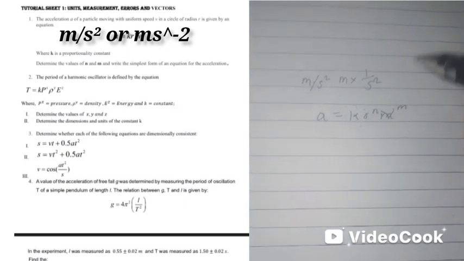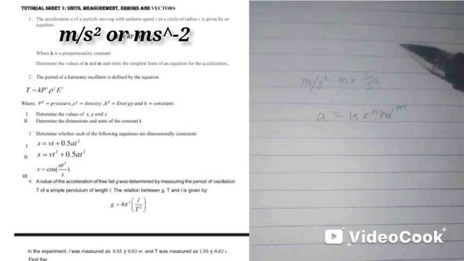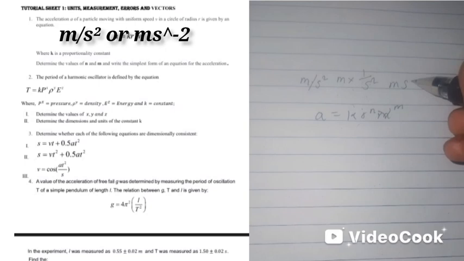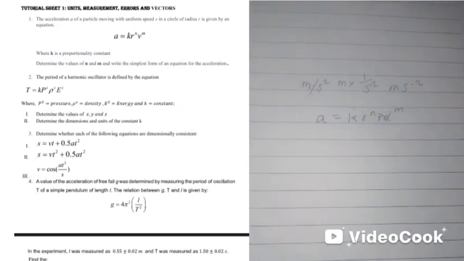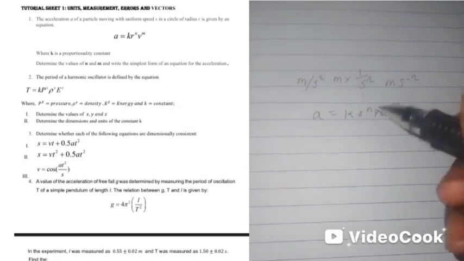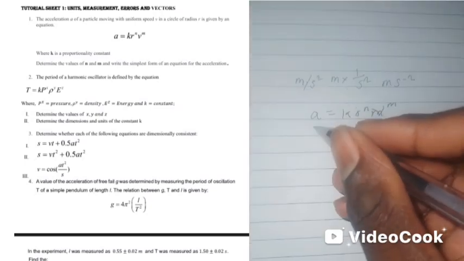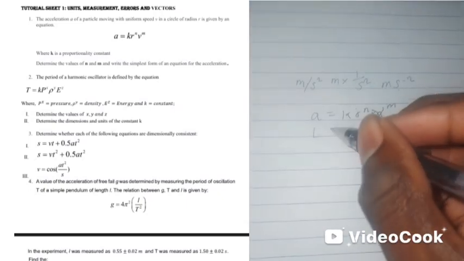From the laws of indices, 1 over anything can be expressed as a negative index. So that's meters per second squared, still the same thing. Meters is a unit for length, so the dimension is L. S is a second, a unit for time, therefore the dimension is T.